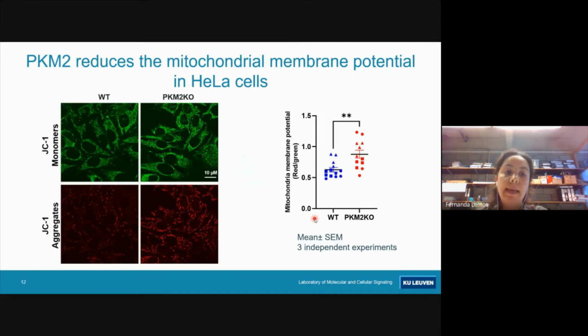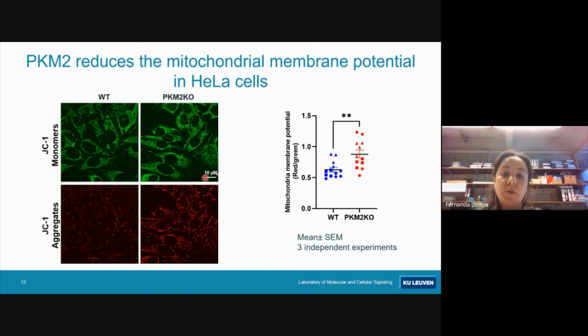We moved on and we checked the mitochondrial membrane potential in these HeLa wild type and PKM2 knockout cells. For doing this, we used the JC1 sensor. When it's in an aggregate, we have a higher fluorescence in the red channel, and it means that the mitochondrial membrane potential is higher, so the mitochondria is more polarized, and probably more functional compared to the lower aggregates.